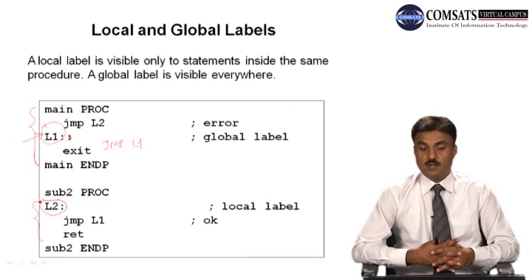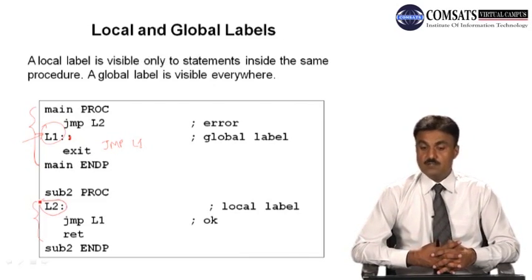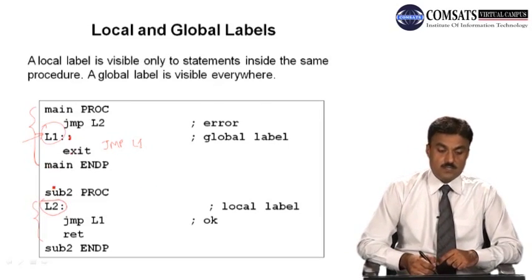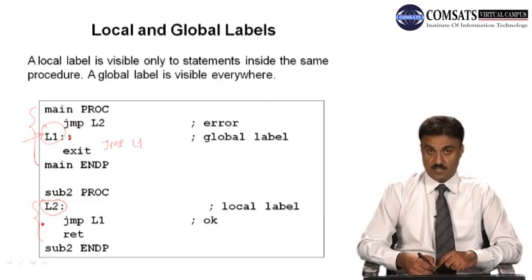So the local label is visible only to the statements inside the same procedure. So here L2 is accessible inside this procedure, or this label L2 is only accessible inside sub2.